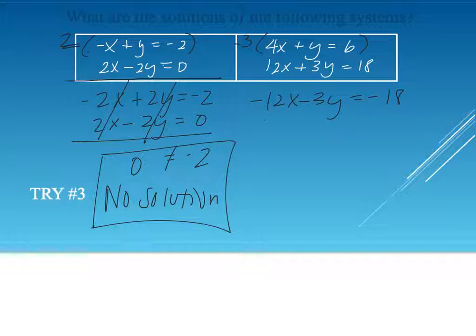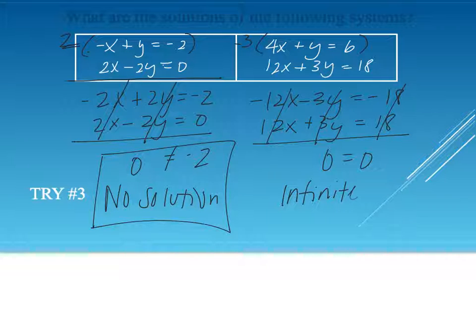And the other one will be 12x plus 3y equal to 18. We notice that the x's, the y's, and the answers cancel, which means that I have 0 equal to 0. Since that happened, we will have infinitely many solutions as our final answer.